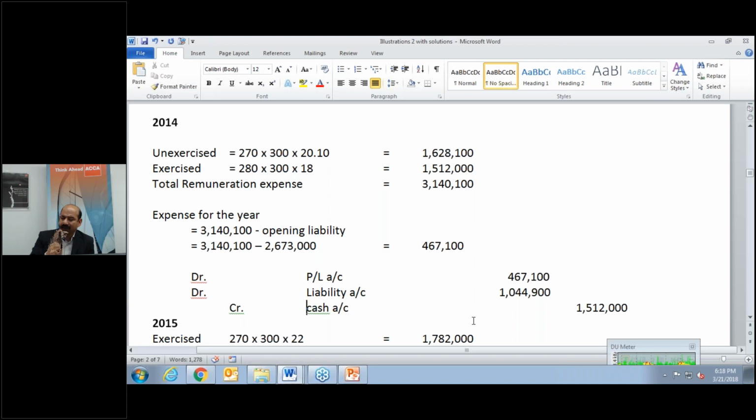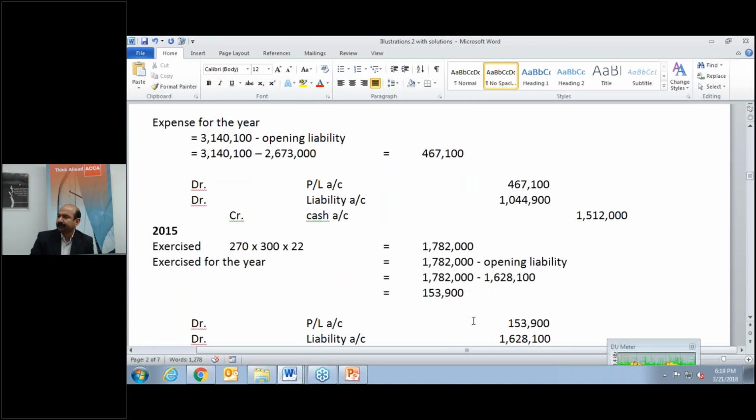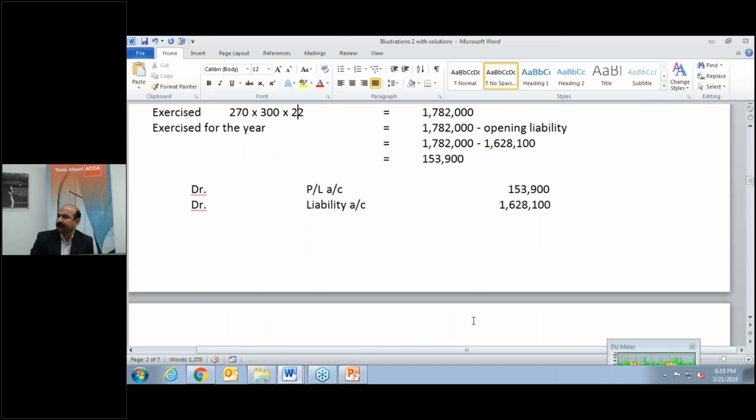You can use this formula for the calculation of the expense for the year, and the double entry will remain the same. You have paid cash, so cash will be credited in this, and this is your profit and loss account, and the balancing figure will go to your liability. So your liability account will in fact become zero towards the end of this transaction.